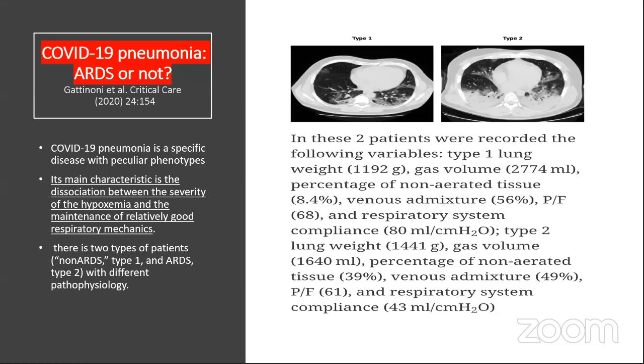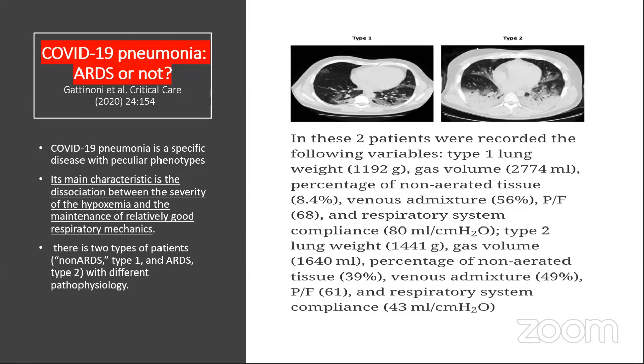The first type is characterized by the patient having ground glass appearance, usually in the peripheral part of the lung. And you'll find that the patient is maintaining good aeration, lung volume of those patients is maintained, and the patient has well-aerated areas.